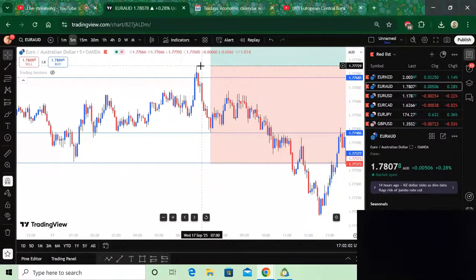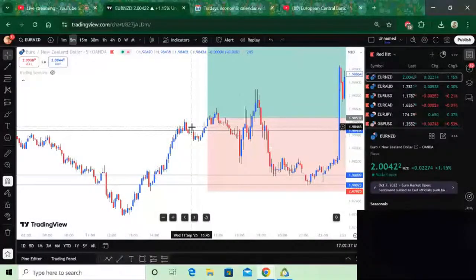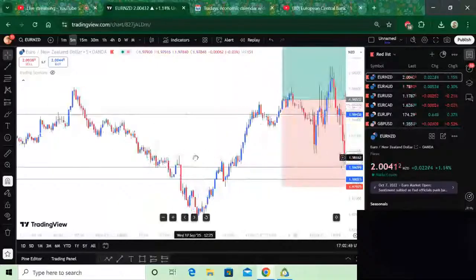Breaks above. A candle opens and closes above this resistance zone, breaks back down into the resistance zone and turns this resistance zone to a support zone, then takes off just like in Euro NZD.